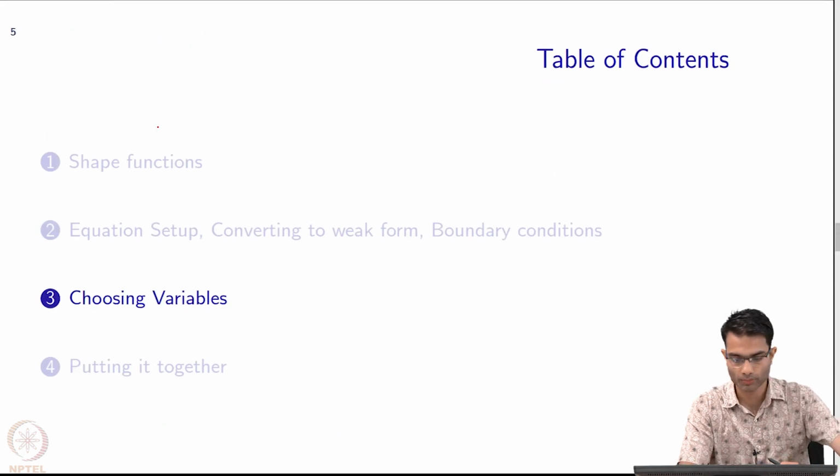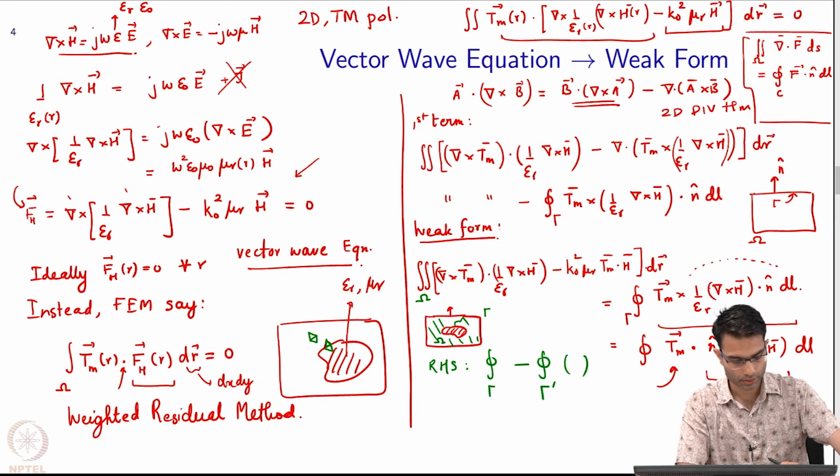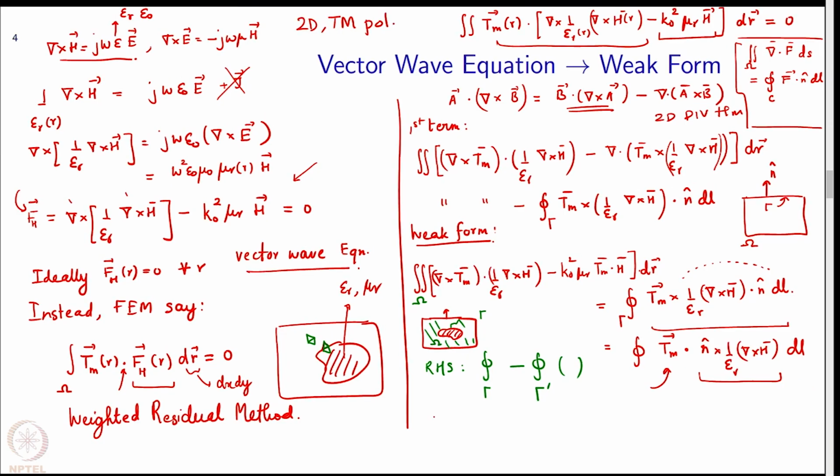Let us go back and refresh our memory here. When I wrote down this weak form, I got one term on the right hand side, but in this case there were two integrals. This is just a simple consequence of the divergence theorem. Whatever are the boundaries enclosing the region, that many line integrals are there, because that is the outward flux, the principle of the divergence theorem.